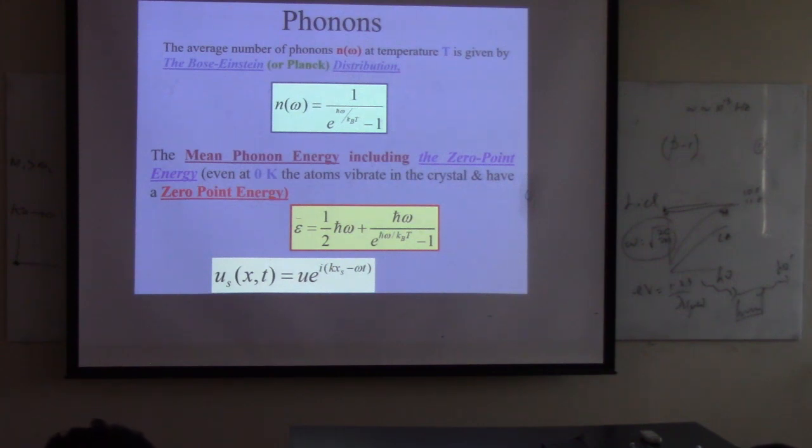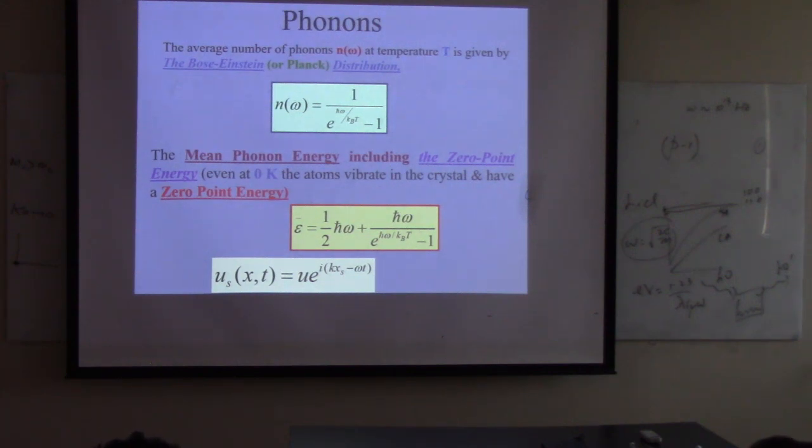Then the average energy, if you remember, you multiply by ħω. These two everybody should remember. This is the average energy. This is the average number of phonons.